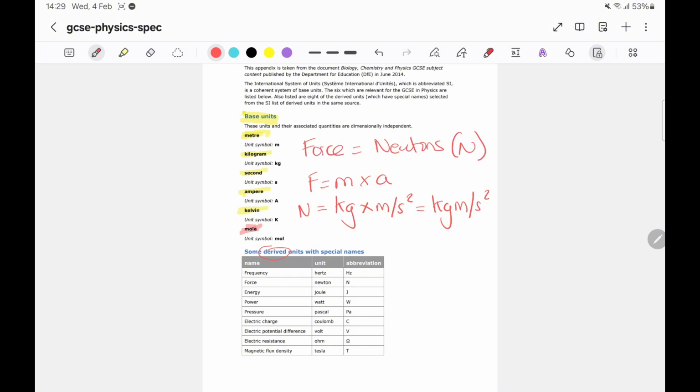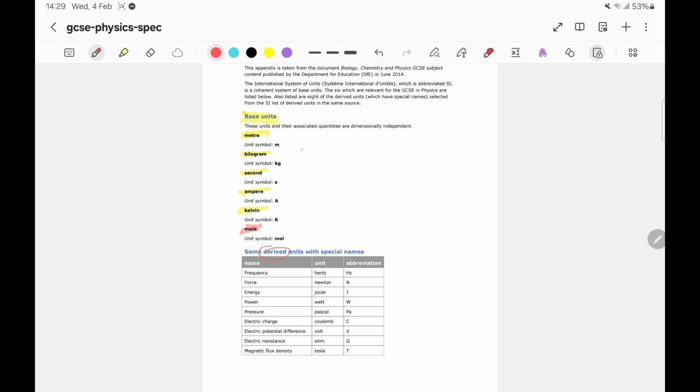Okay, let's have a go at doing a similar thing. Let's take, for example, pressure, because this one will be interesting. So pressure has the equation force divided by area.